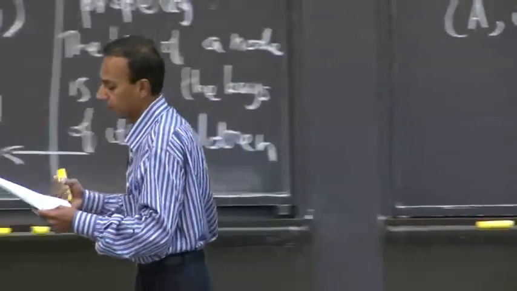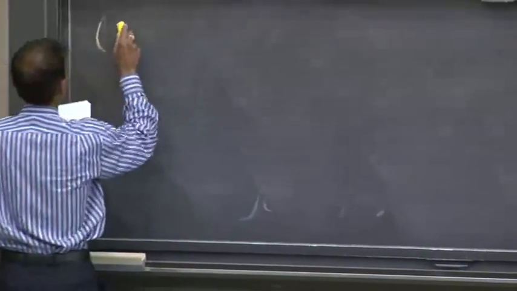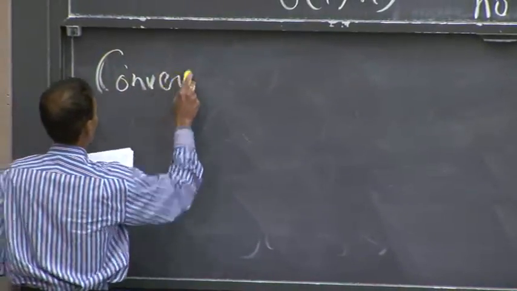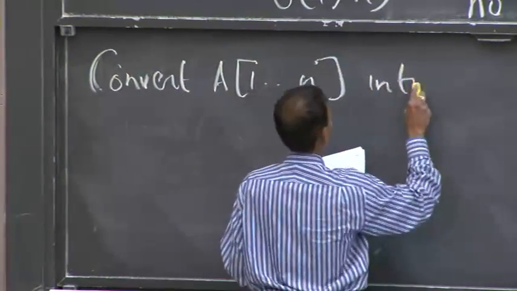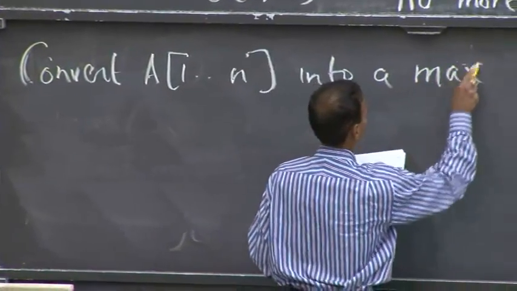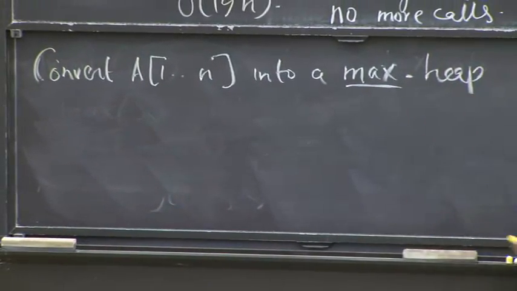And once we do that, we can do this extract max deal to sort the array. So the first step is we want to convert an array A[1 through n] into a max heap. And the key word here is max heap, because every array can be visualized as a heap.